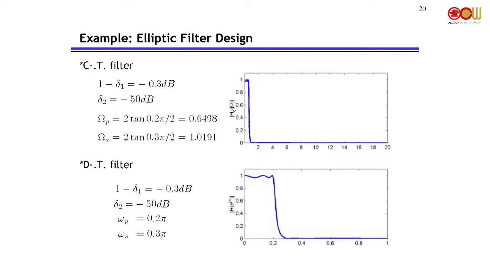And we can use the thing we have just computed, and the passband and stopband edges for the filter are the same as what we had before, and we use 2 times tangent of omega over 2 to compute the passband and stopband edge for the analog filter. Okay, so this is the specification for the continuous time filter, and then we can design the continuous time filter, and then we can apply bilinear transformation to get the desired digital filter.